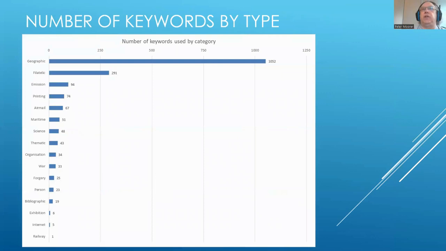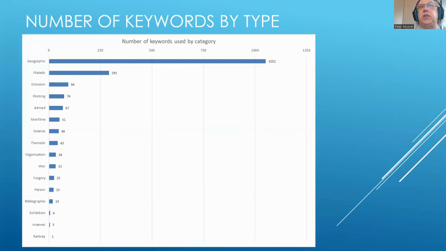Now, what's already inside my database at the moment, I use keywords so that you can search for an article. And there are different types of keywords. The biggest one is geographic. So any type of geographic concept is inside, not just countries, but sometimes also towns or areas.